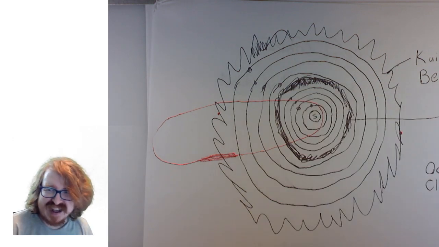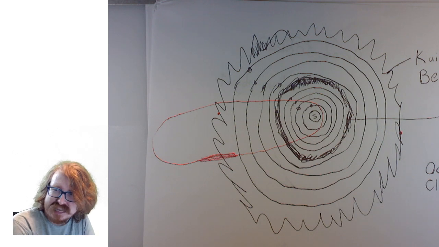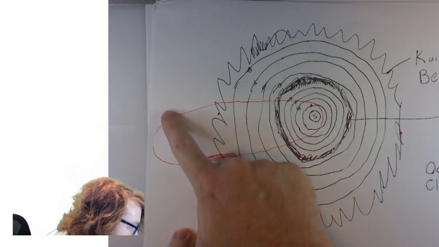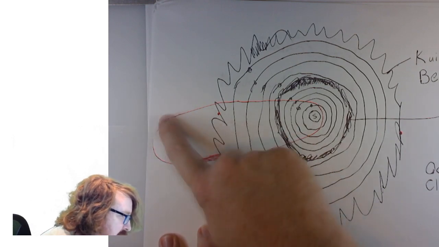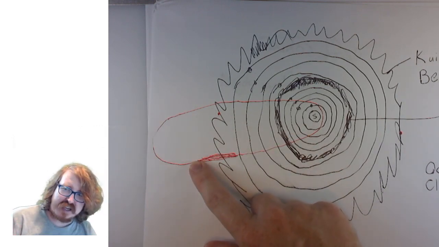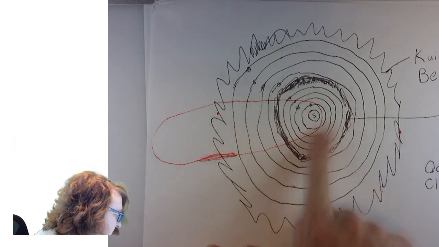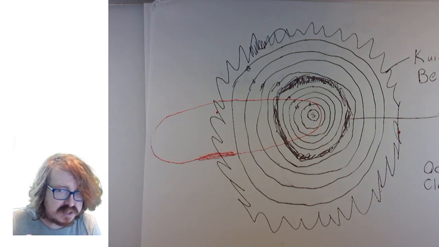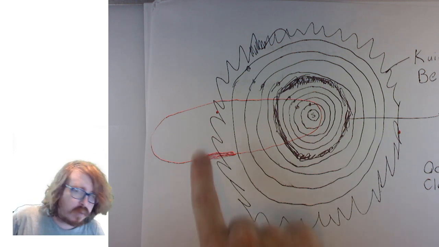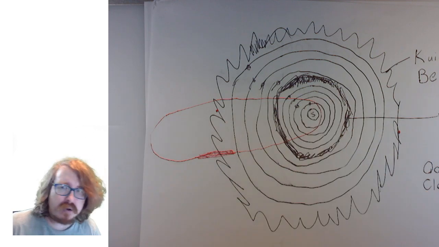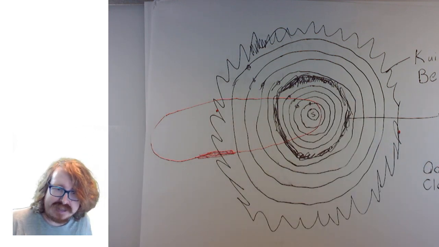It gets fast because it's close to the sun, according to Kepler's laws, right? So luckily for this object, it's going to be moving slow when it's out here where it's cold, so its ice is going to be fine. When it gets in close where it can start to melt, it's going to be moving fast. So most of the time, it's still going to be out here where it's cold, and it's going to be fine. But it will partially melt when it gets in real close like that.